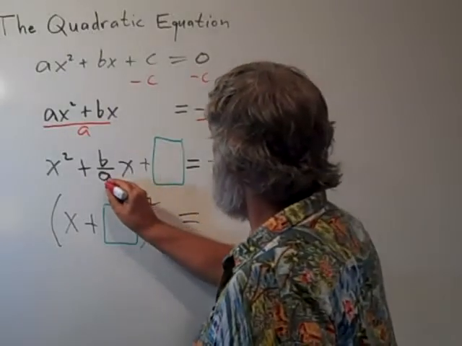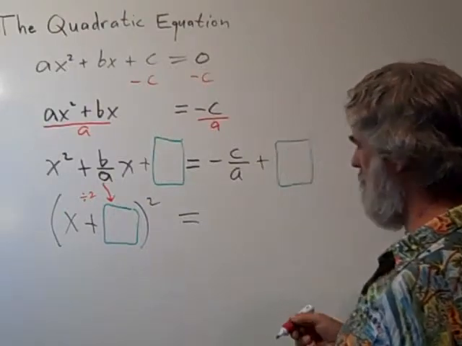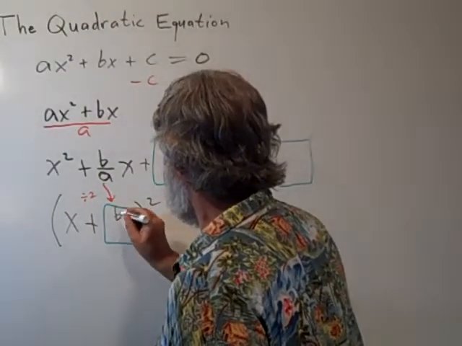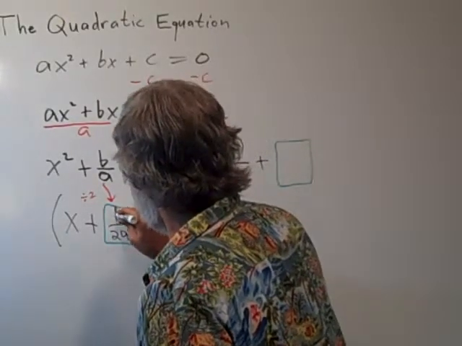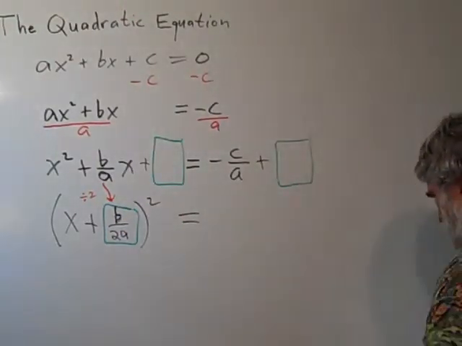You just take half, so you divide that by 2, so that you end up getting b divided by 2a. That's 1/2 of b divided by a.